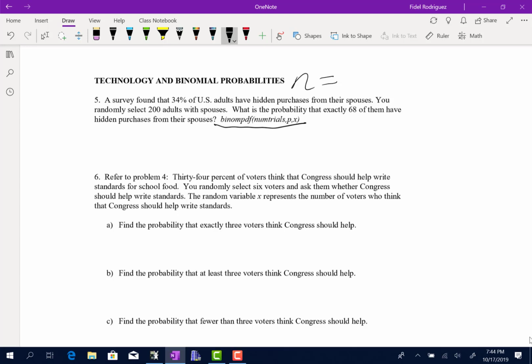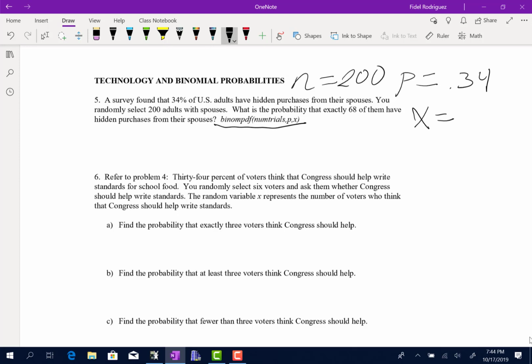Let me ask you a question. How many people did we ask? 200. There's my n. What's the probability that they have a hidden purchase from their spouse? 0.34. What is my x number going to be in this case?